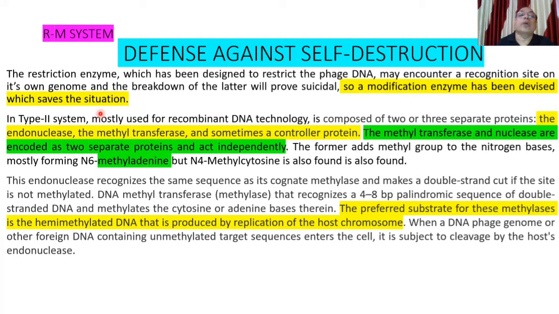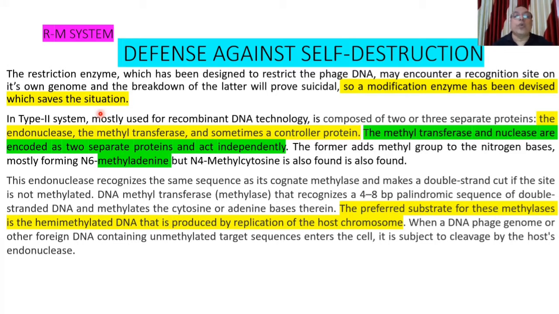And what sort of modification is taking place? They are methylated. Methylation of nitrogen bases at the recognition sites will lead to the restriction enzymes not identifying them as their target sequences, and they will not cleave those sequences.